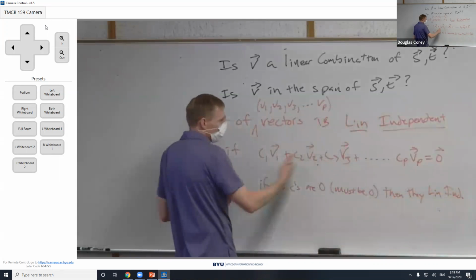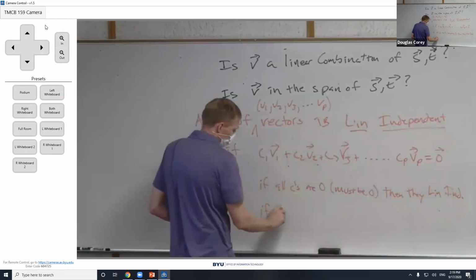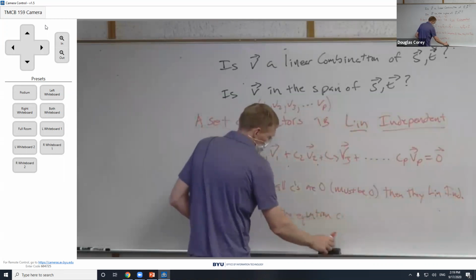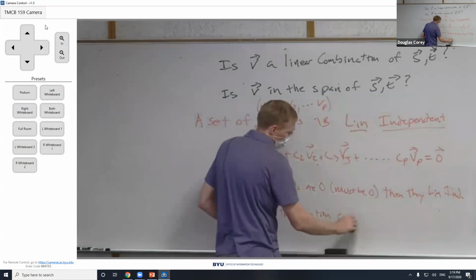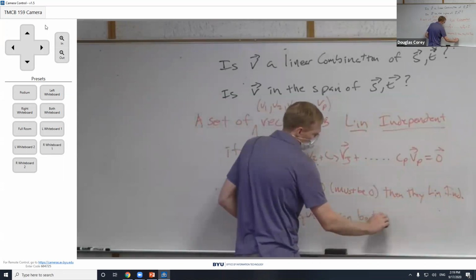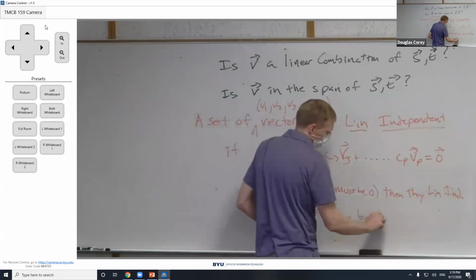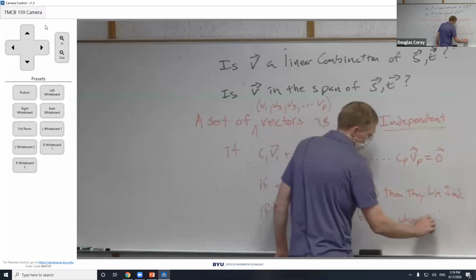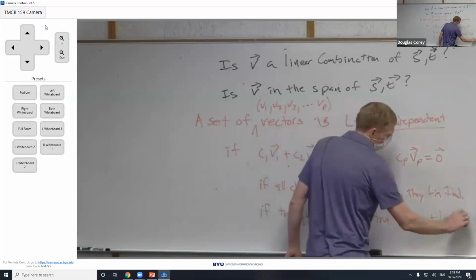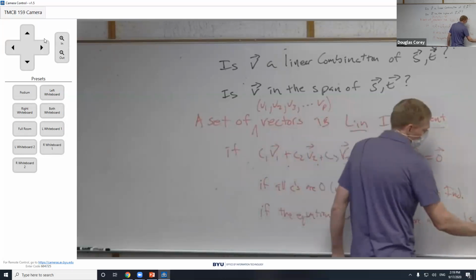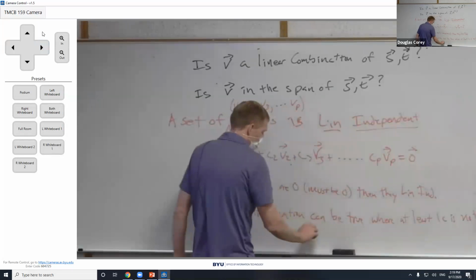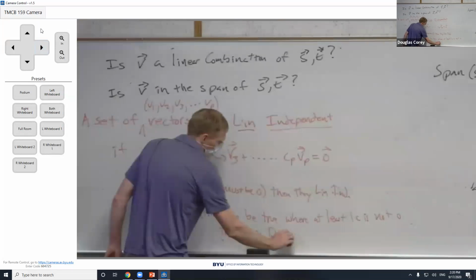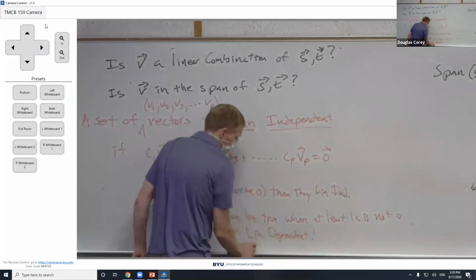So if you can make this true where at least one of the C's is not 0, then it's linearly dependent. Okay.